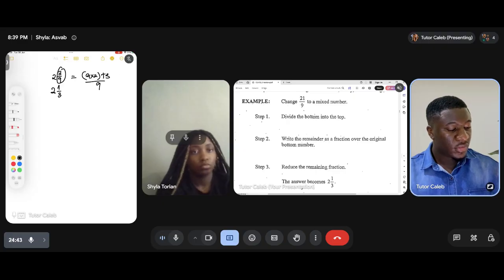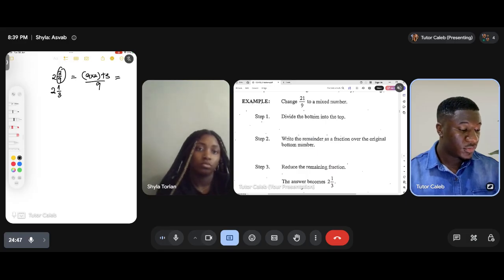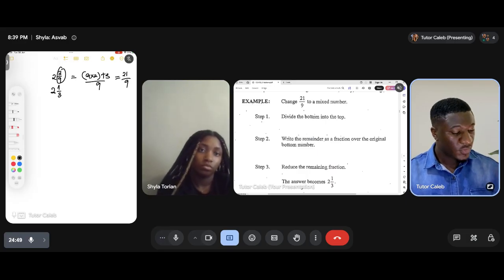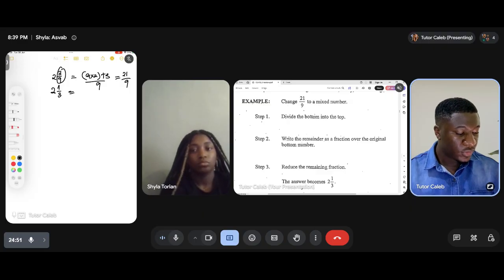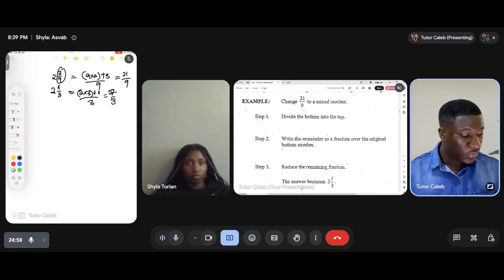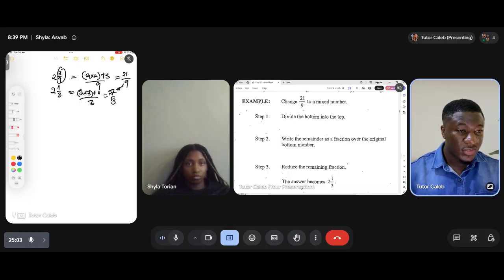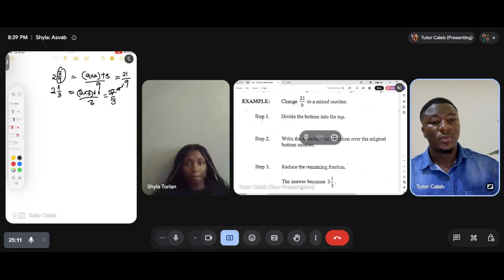So this is going to give you 9 times 2 is 18 plus 3 is 21 divided by 9. Here you have 2 times 3 plus 1 divided by 3 is equals to 7 over 3. Of course, if you reduce this fraction, you get this. If you reduce 21 over 9, you get 7 over 3. So it's the same thing. Right, Shaila? Yes. Very good.